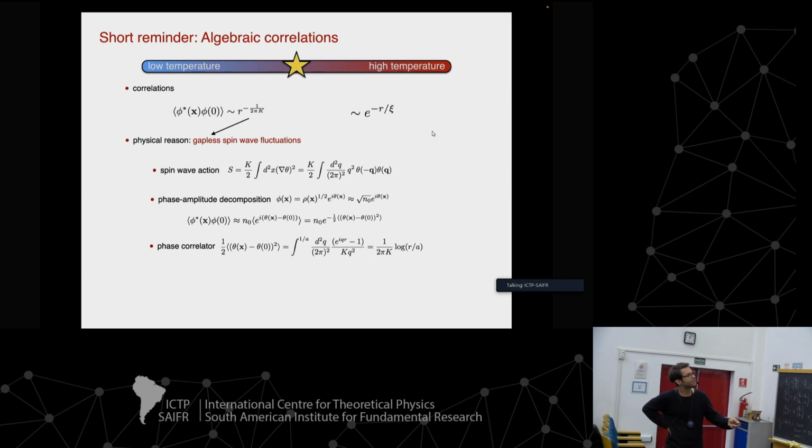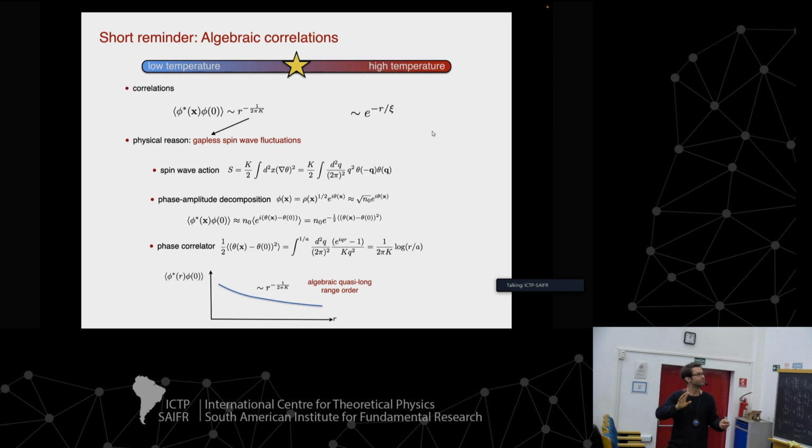If I insert the logarithm in the exponent, this gives me precisely an algebraic decay. So in summary, the spin wave excitations, the gapless fluctuations in this problem, give rise to an algebraic decay of correlation functions, and that's a super universal effect of two-dimensional systems with a continuous phase rotation symmetry.